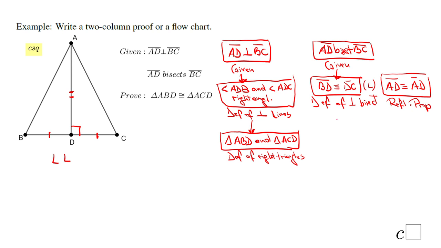And now, based on this statement, and yes, this one also, because it doesn't work if there is no right triangle, we can say these two triangles are congruent. The last statement: triangle ABD congruent to triangle ACD by leg.